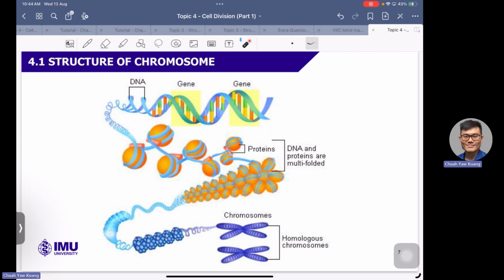Then whenever mitosis or meiosis occurs, they will further condense to become the chromosome. So when the cell is at rest and not dividing, it actually occurs as chromatin. When they want to undergo prophase, only then will they condense to become the chromosome. Okay, so that's the concept that you need to have.